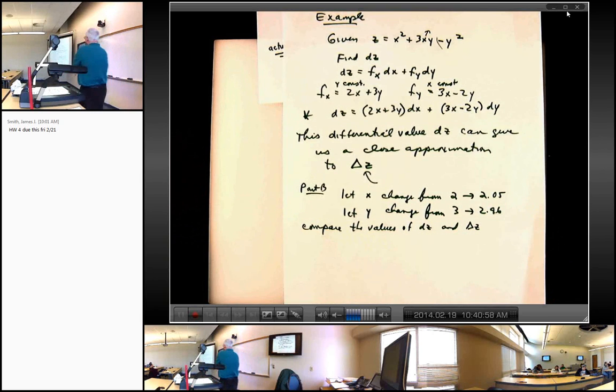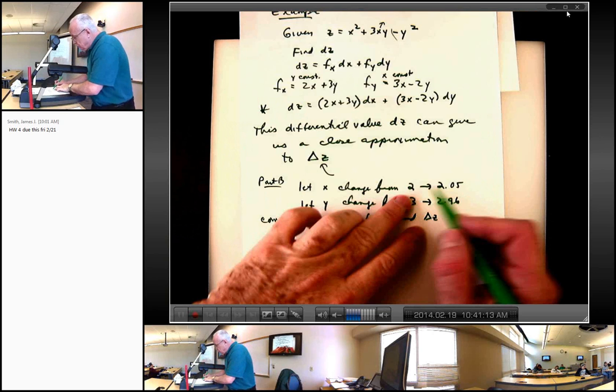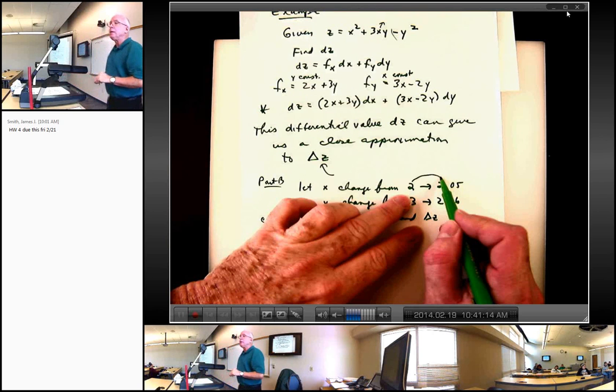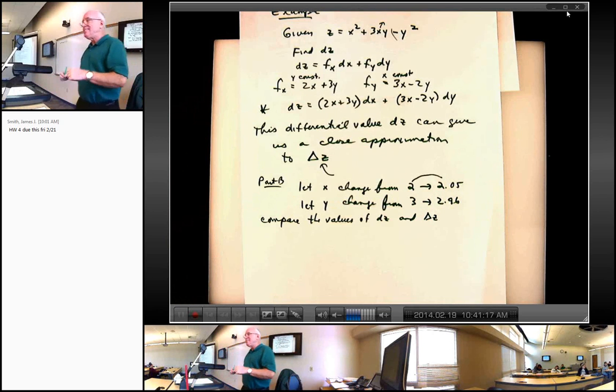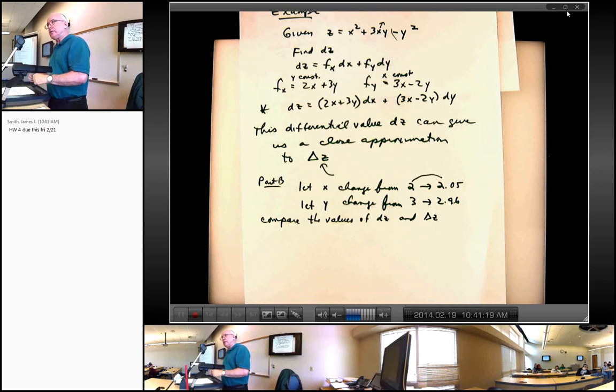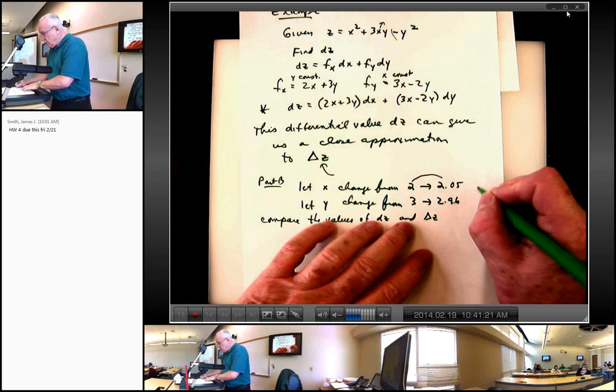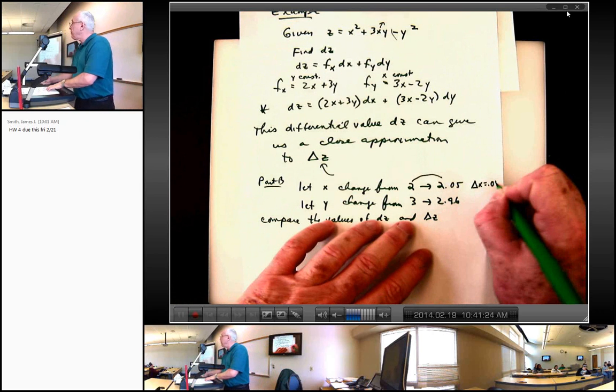Now this means that we actually have to plug in some numbers for dx and dy to figure out what dz equals. We're going to get a number for dz. Now let's look here. x is changing from 2 to 2.05. So what's our delta x, or change in x? 0.05.